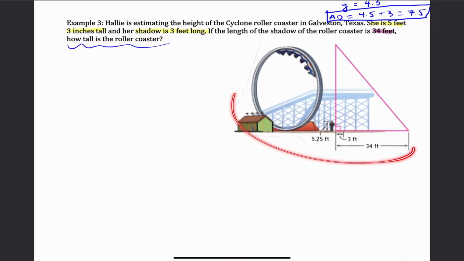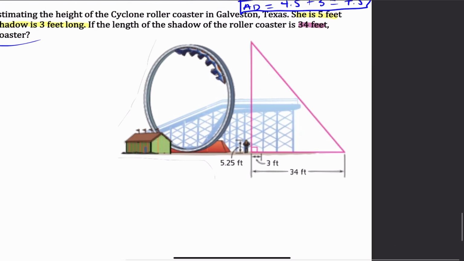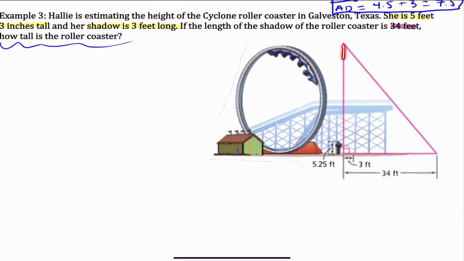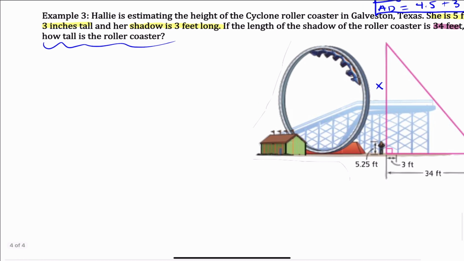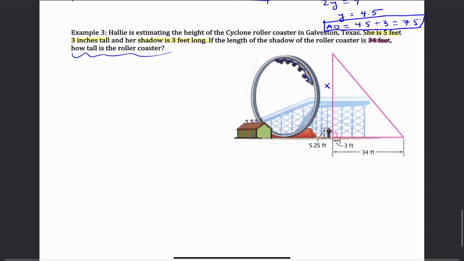So here we have our picture. This is my roller coaster. This is how tall the roller coaster is. We don't even know what that is, so we'll call that X. That is our unknown. That is what we are trying to solve. Hence, how tall is the roller coaster?